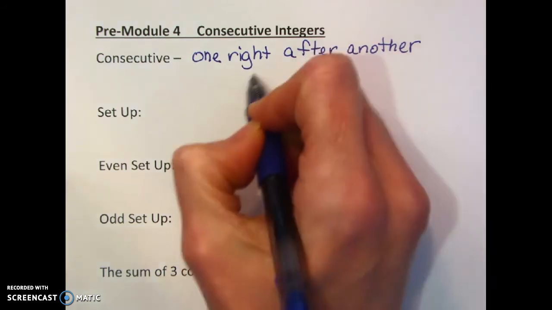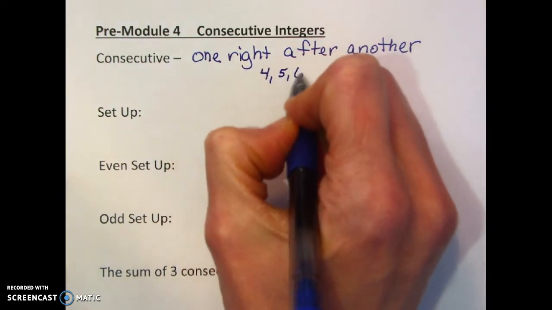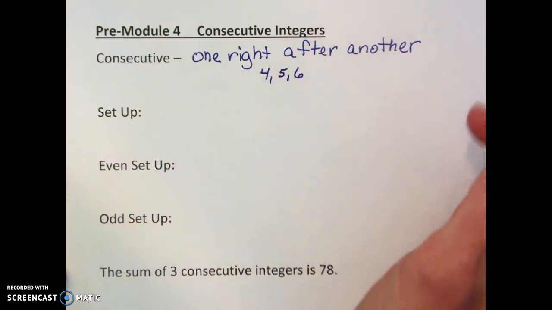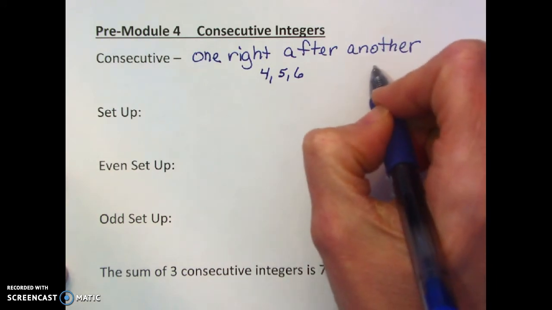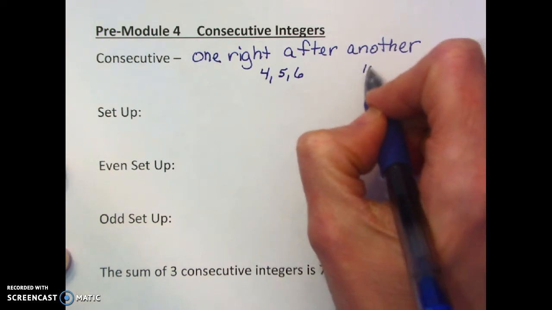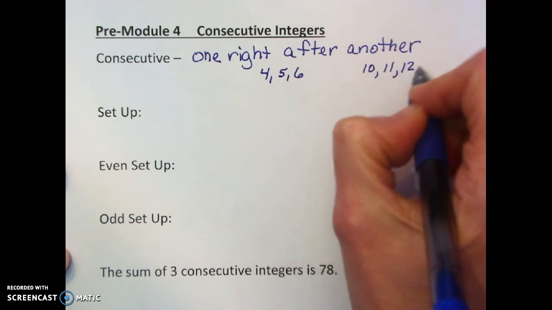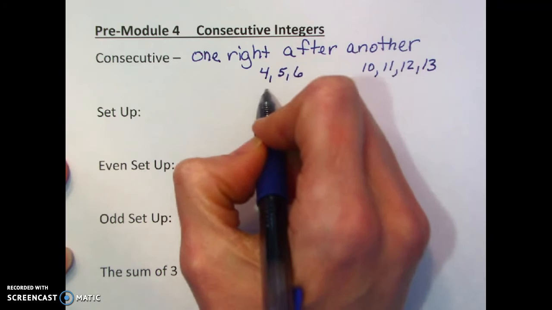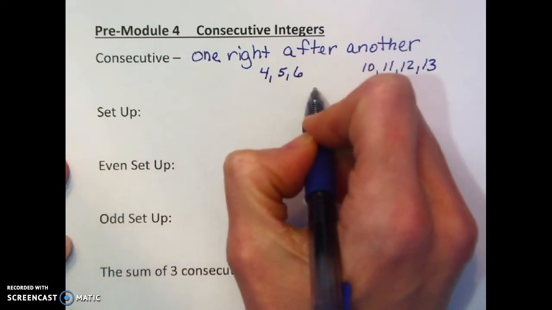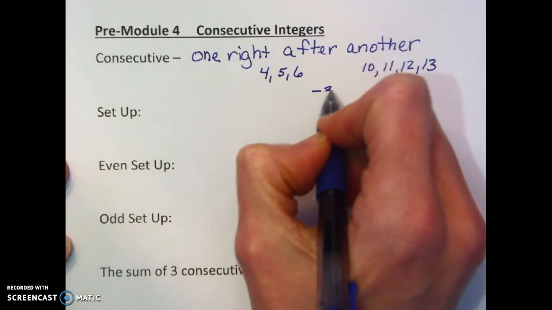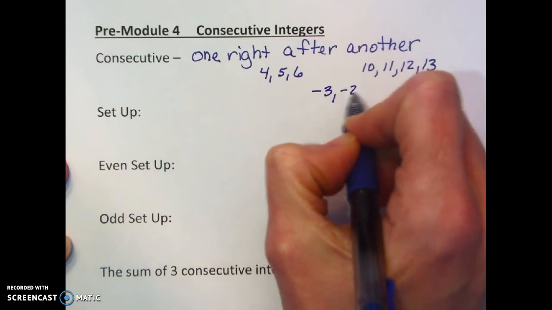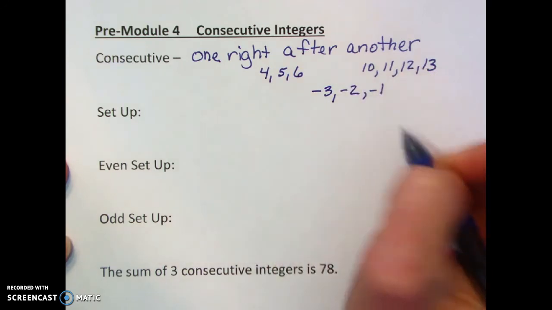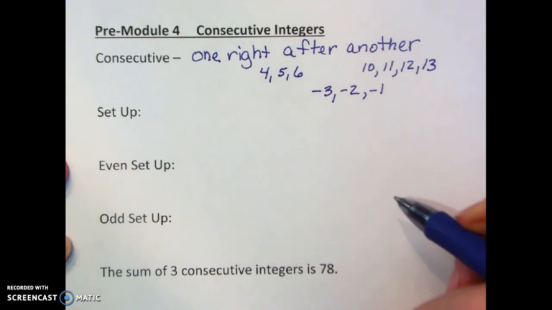So example, 4, 5, 6 would be 3 consecutive integers. 10, 11, 12, 13 are 4 consecutive integers. Now you have to be careful if you're doing negatives. -3, -2, -1 would be 3 consecutive integers.